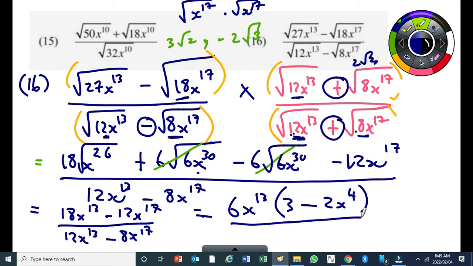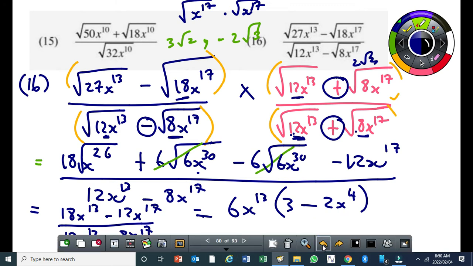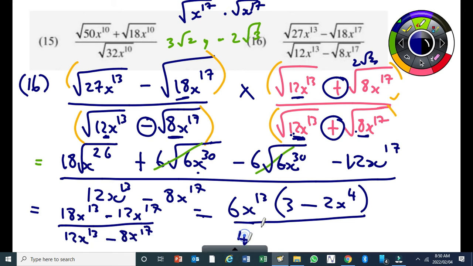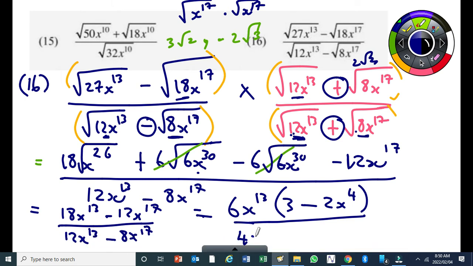The denominator, we are going to have another... oh sorry, it's a 4. So we're going to have 4x to the power of 13 times 3 minus 2x to the power of 4.